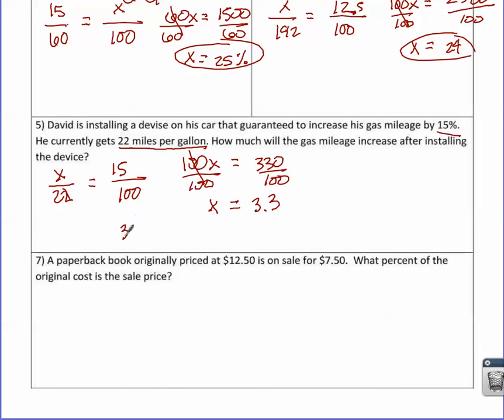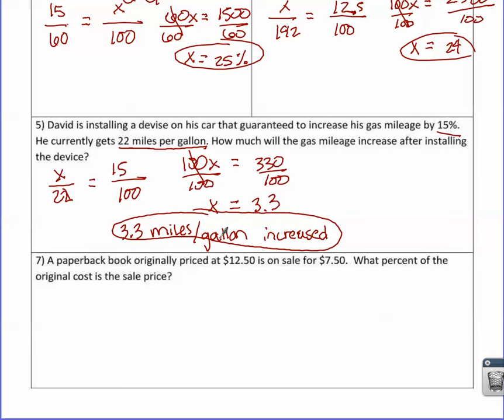So it's going to be 3.3 miles per gallon increased. Circle your final answer. Pause the video and try the last one.